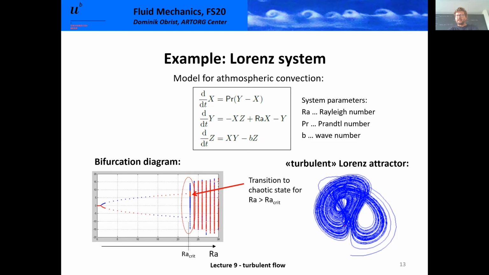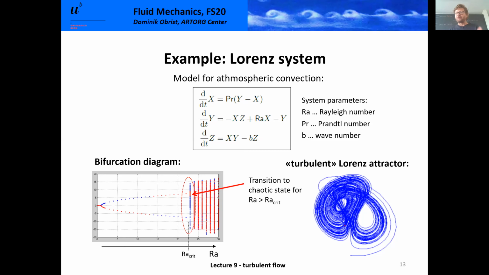He was actually trying to create a very simple system of equations, three ordinary differential equations, which model the convection process, convection of warm air rising up and cooling down, and other air coming down. And what he ended up with are the three equations you see here in this box.